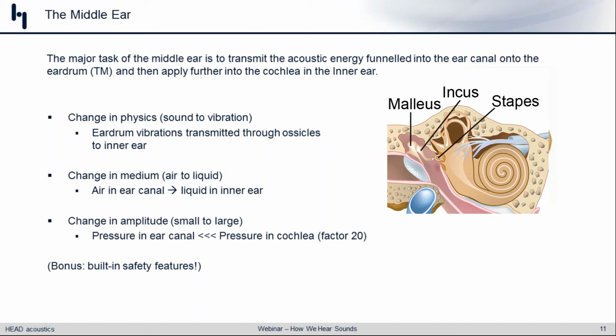Now, there's a couple of cool safety features built into our middle ear. The first one is if we are exposed to a very loud sound, there will be a contraction in our middle ear that causes a temporary damping effect of all future sounds. Now, there's a couple key research areas where this is being applied. Number one is from a military perspective.